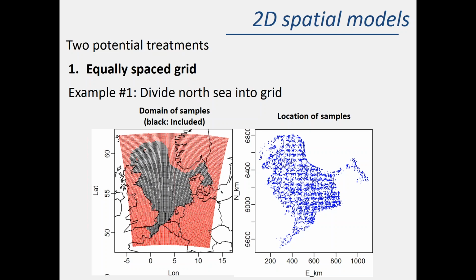So in this case, there's a bunch of different samples that have occurred, and if I define a sampling area, a domain of the sampling protocol based on the location of samples, I get a bunch of black points here, and here's a red grid, where the red points are far enough away from the samples that I assume they're not within the sampling domain. And this is a grid that I then project using UTM back to latitude and longitude. That's why it doesn't look square anymore.